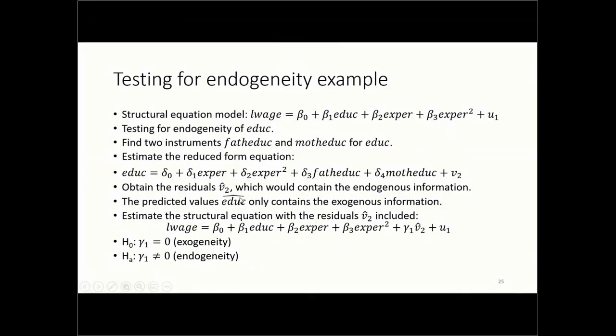We would be obtaining the residuals from this regression that would contain the endogenous information. And then we would be estimating the structural equation model again with these residuals put in the structural equation model. And if this coefficient is not significantly different from 0, we would have exogeneity. And if it's significantly different from 0, we would have endogeneity.